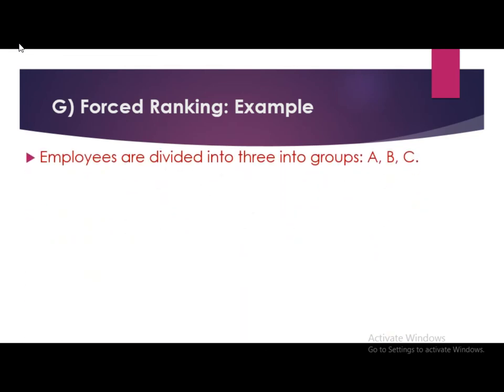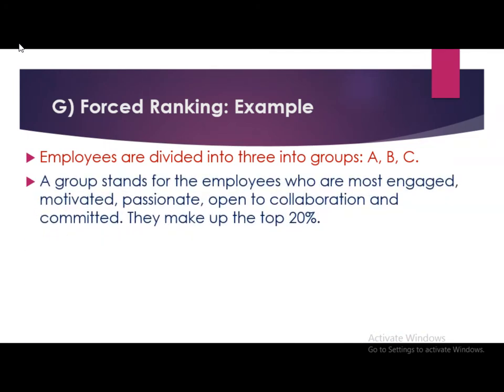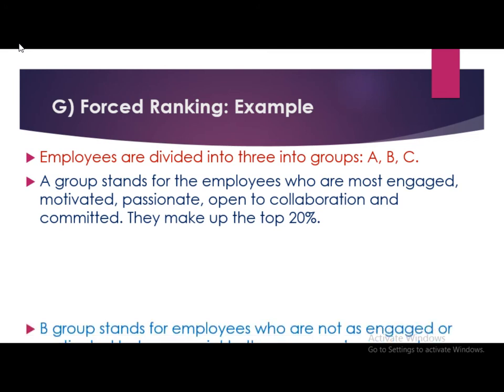Suppose we will take one example. Employees are divided into three groups: A, B, and C. A group stands for the employees who are most engaged, motivated, passionate, open to collaboration and committed. Mark them into the top 20% category.